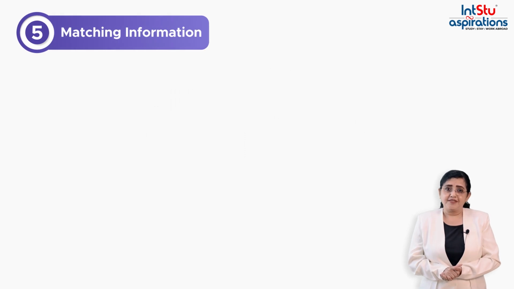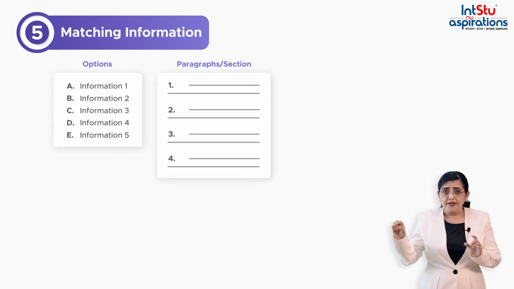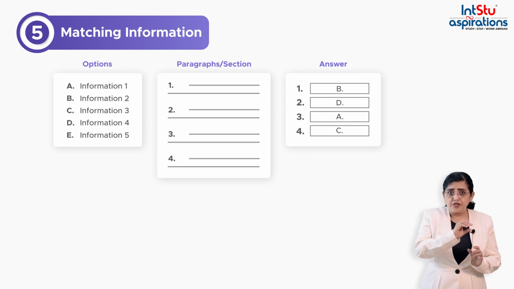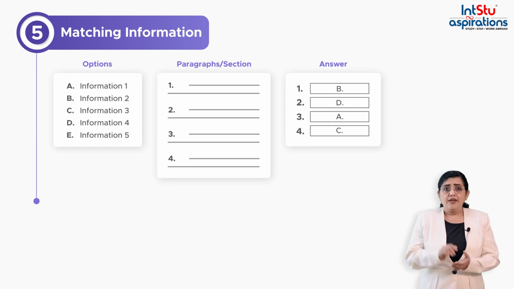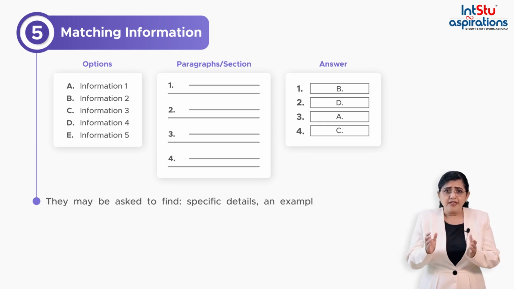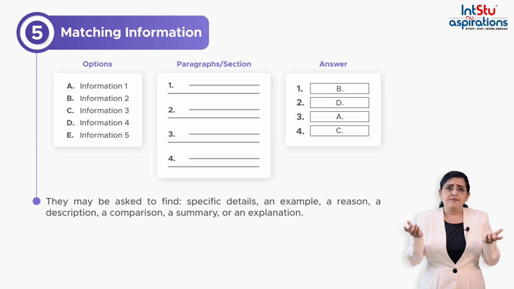Matching information. Test takers are required to locate specific information within the lettered paragraph or section of a text and to write the letters of the correct paragraph or section in the boxes on their answer sheet. They may be asked to find a specific detail, an example, a reason, a description, a comparison, a summary or an explanation.